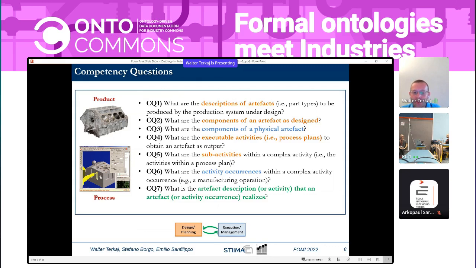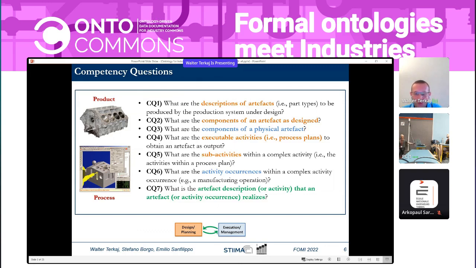Again, for the competency questions, you see we group them: the orange ones are about design and planning, and the blue ones are more about execution and management. So we are interested in describing artifacts, so a product as design, artifact as design, together with the process plan and activities.